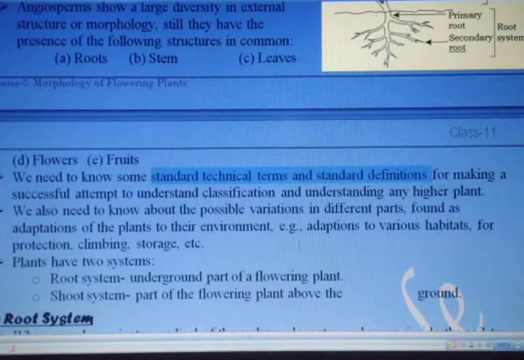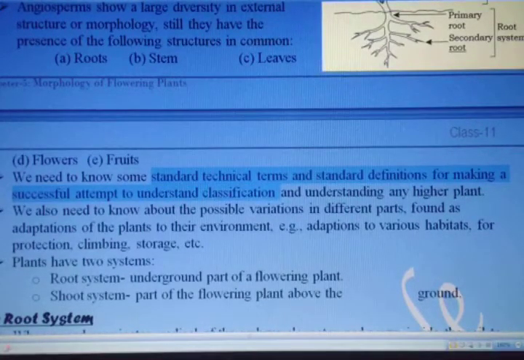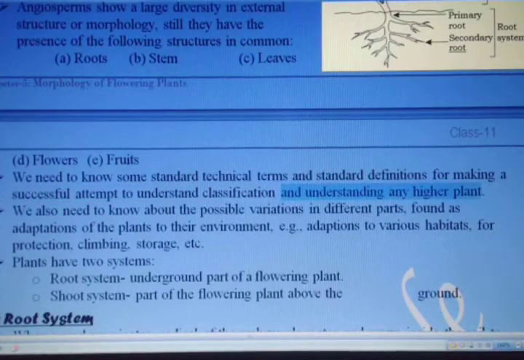Anatomy means internal structure. What the internal structures of the plant are, we will discuss in the next chapter. But what I am saying here is that there are some standard technical terms and definitions that we need to understand before we try to understand classification, and also the internal as well as external structure of the plant.